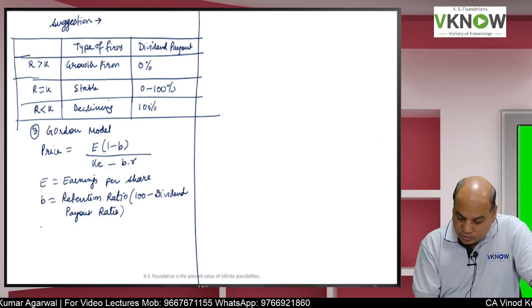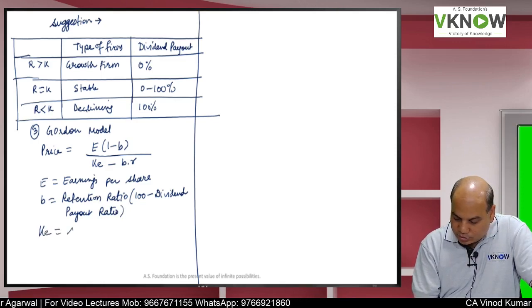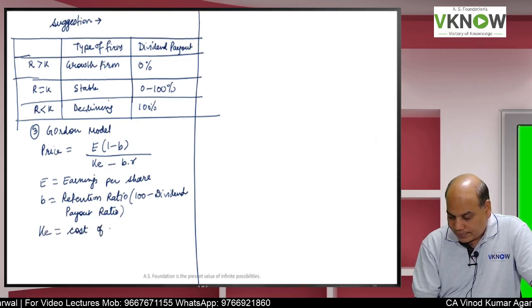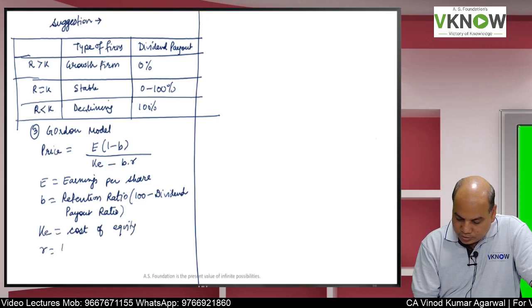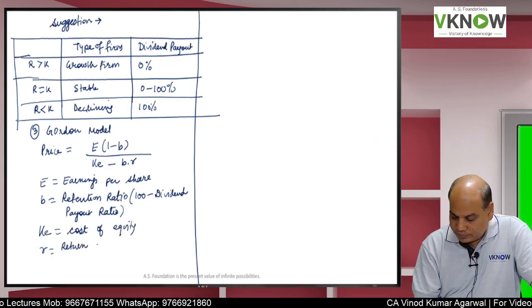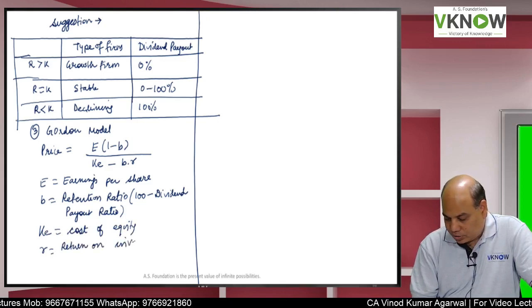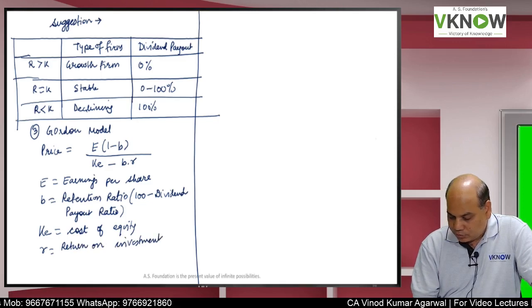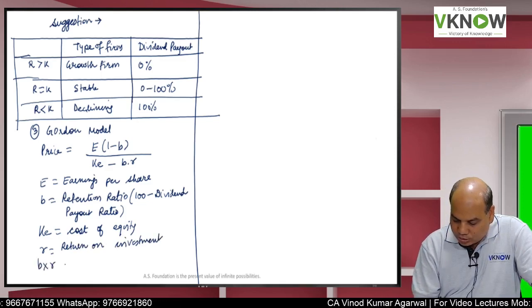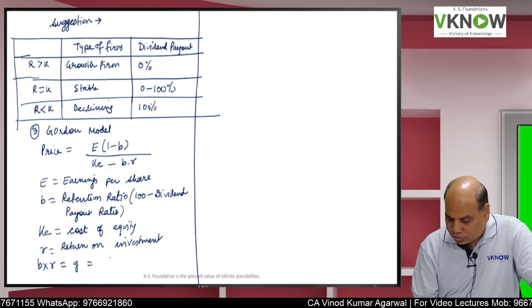Then what is Ke, cost of equity, that you know. What is R in this equation? Return on investment. And B into R is known as G, that is growth rate.